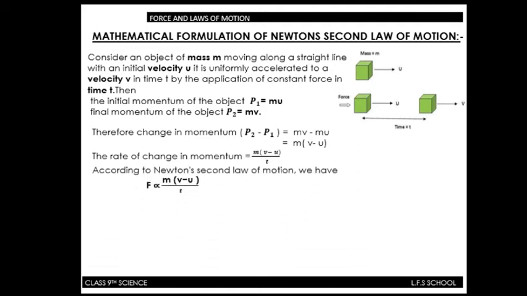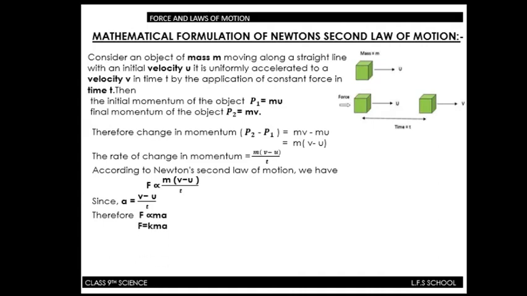Now, according to Newton's second law of motion, force is directly proportional to what? Mass and acceleration. So F is proportional to m(v minus u) upon t. Clear? But acceleration equals (v minus u) upon t. So instead of (v minus u) upon t, we will replace it by a. So it will be F proportional to m into a.